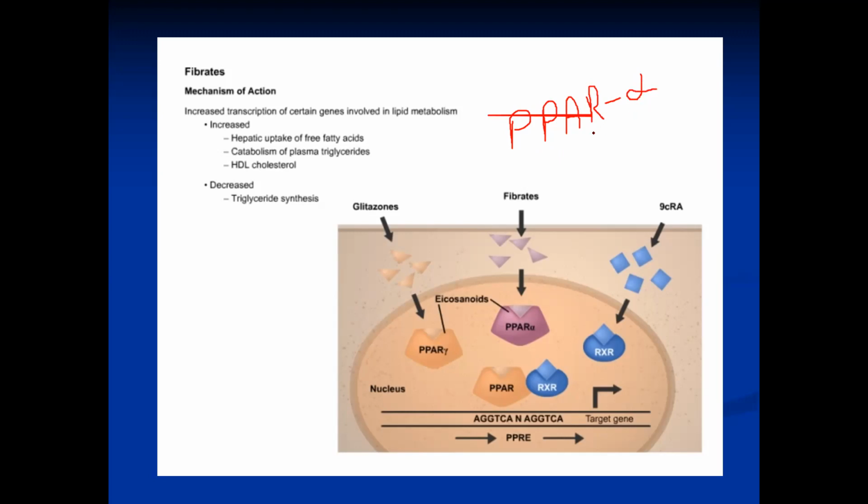PPAR alpha, when it binds to certain fatty acids, stimulates the genes involved with fatty acid degradation. And it tends to prevent fatty acid synthesis and the synthesis of new fats. That's why it does such a good job at decreasing fat synthesis. So fibrates upregulate PPAR alpha.